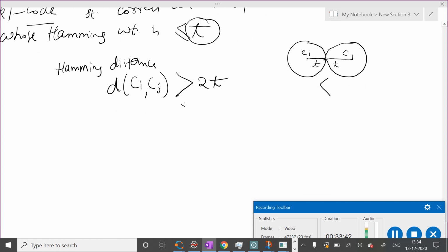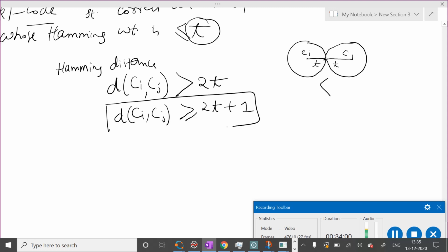So in particular it will be greater than or equal to 2t plus 1, because we are dealing here with binary bits, so we are counting them. If it is greater than 2t, then it has to be greater than or equal to 2t plus 1. So this is an important design characteristic of a code. If you want to design a code, it should satisfy this property.